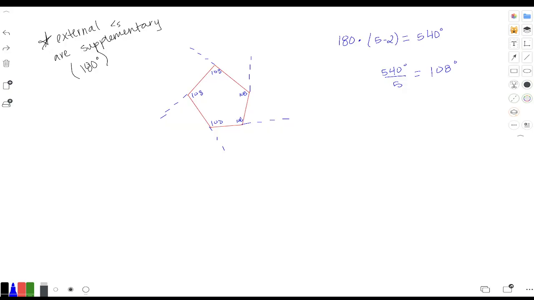Okay, so then for our supplementary angles, each of the ones that are supplementary to this one are going to equal 72 degrees. Okay, because 108 plus 72 is going to give us 180.